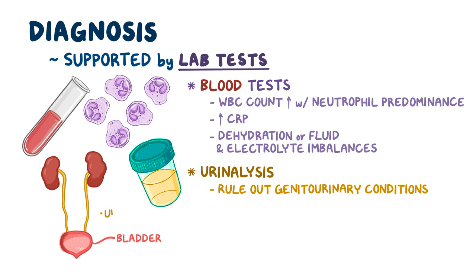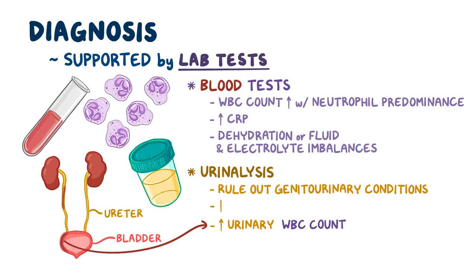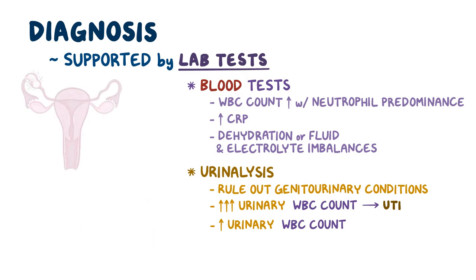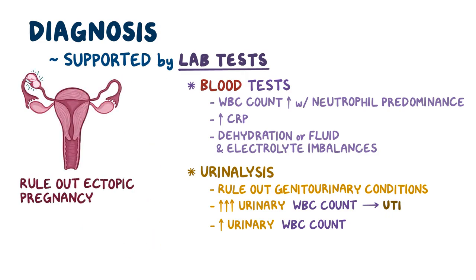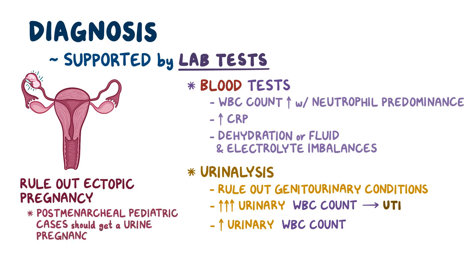Irritation of the bladder or ureter by an inflamed appendix might result in mildly elevated urinary white blood cell count, while a significant elevation suggests there's a urinary tract infection. In addition, to rule out ectopic pregnancy, postmenarcheal pediatric cases should get a urine pregnancy test, and adult females should obtain a serum pregnancy test.